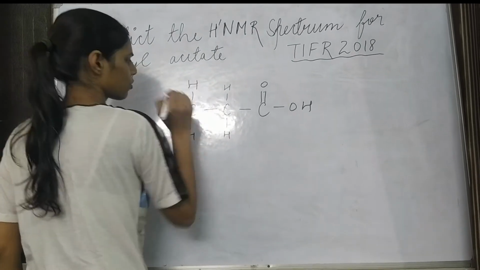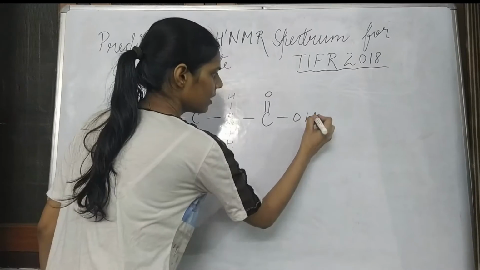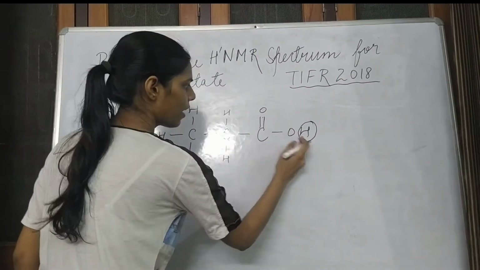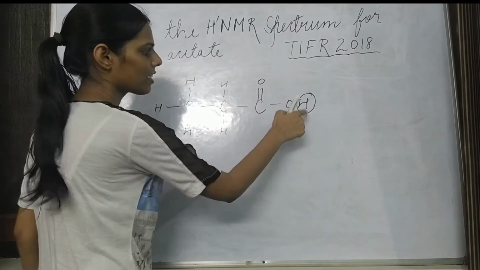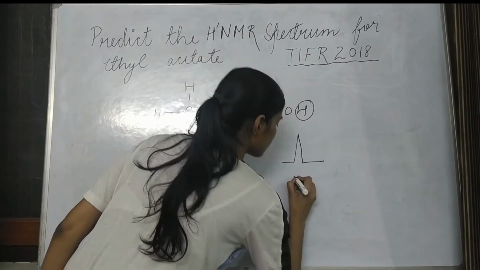This is the structure of ethyl acetate. We'll start from this side. For this hydrogen, there is no hydrogen adjacent to it, so we'll just get a singlet.